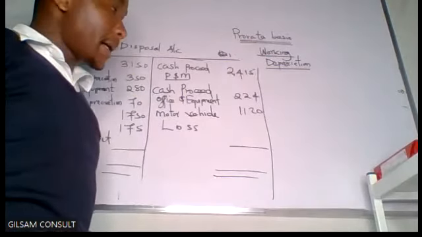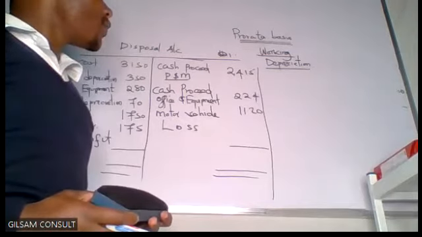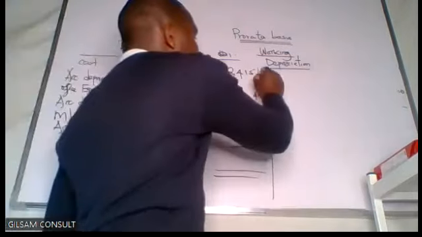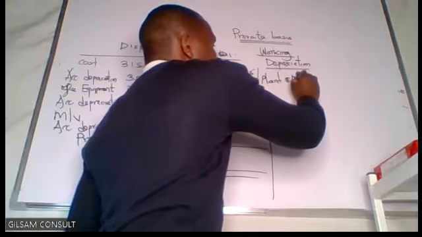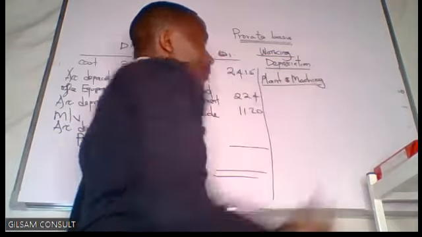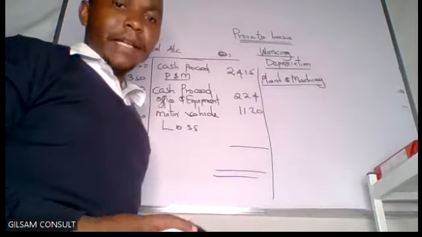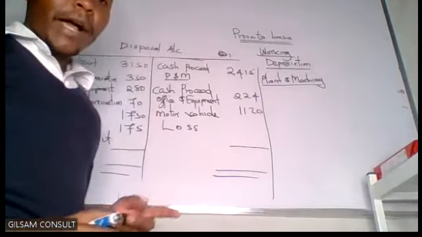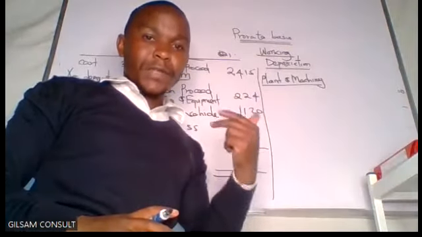So like the first one, what was it? Plant and machinery. We can start with plant and machinery. This plant we acquired on 1st October 2016.